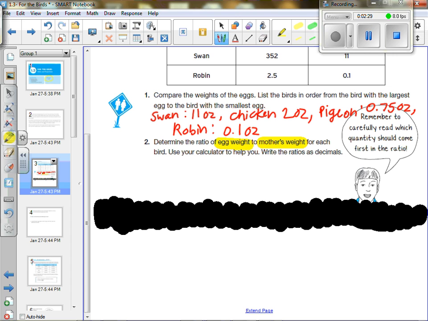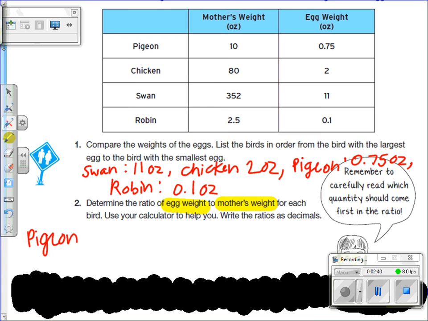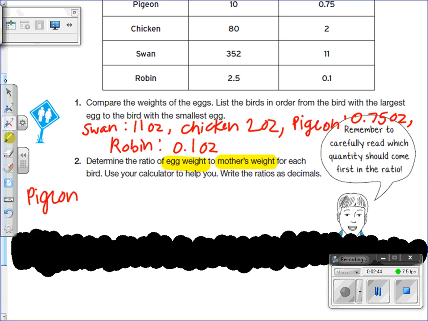So let's talk about the first one. The first one would be pigeon. The egg weight for the pigeon is 0.75. I'm going to write these in fraction form for now. So it's 0.75, and then the mother's weight is 10.